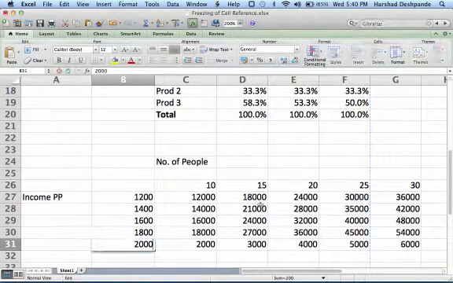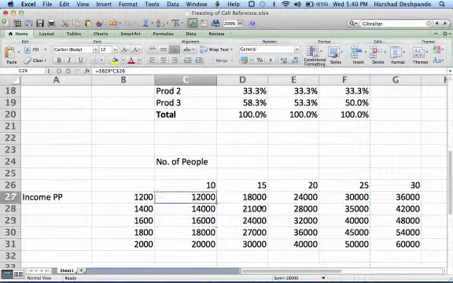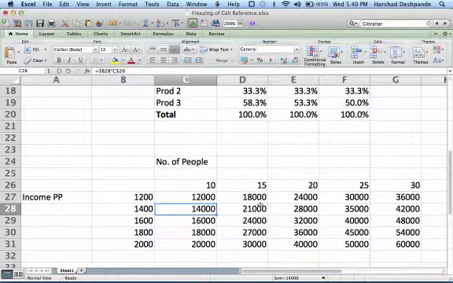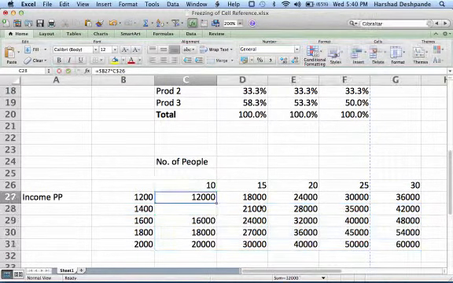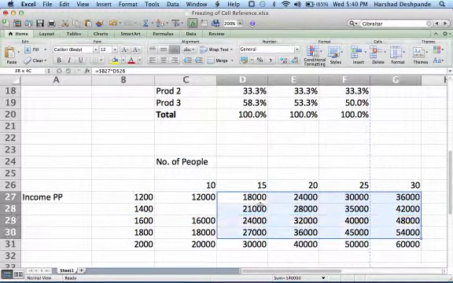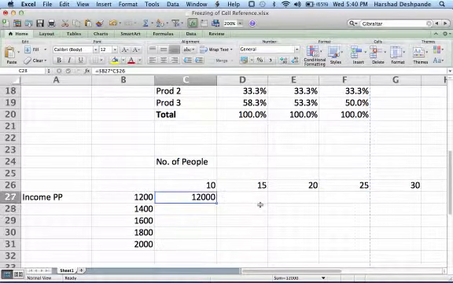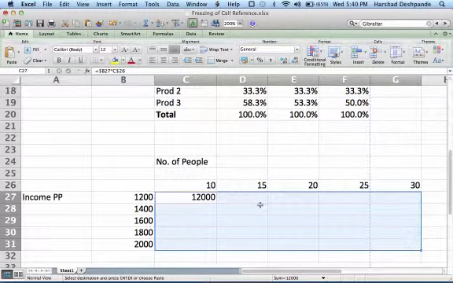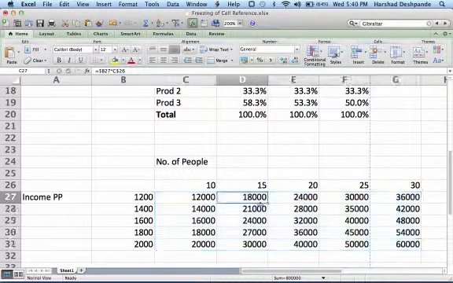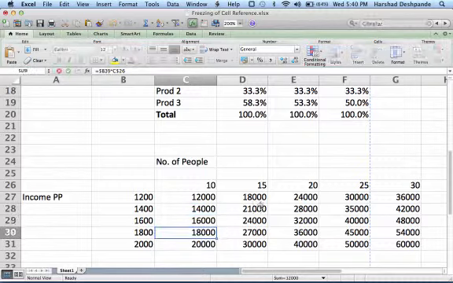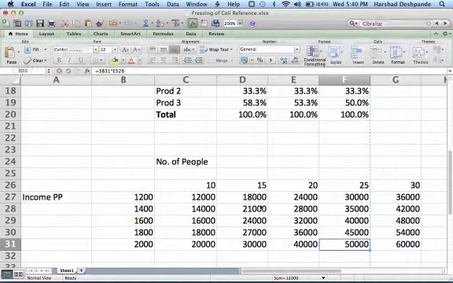So this entire calculation, which you would have otherwise done in so many steps, can be done now only in two steps. Had you calculated just this one, you could have just copied it, selected this entire region and pasted it, and you would see the numbers are in correct shape.